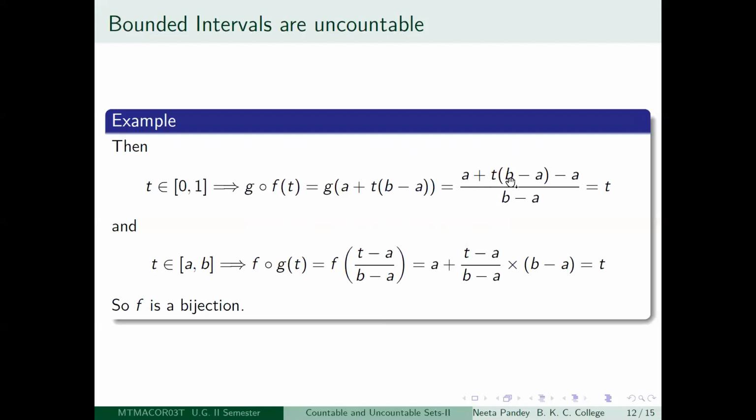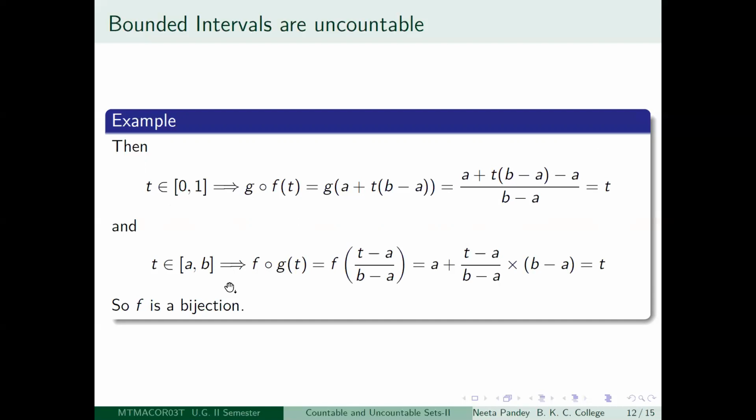So you are writing (a + t(b − a) − a)/(b − a). Now do the calculation. It will not be difficult. a and a will cancel out. So you are left with t(b − a)/(b − a). So you will get t back. So g∘f(t) will be equal to t when t is between 0 and 1.